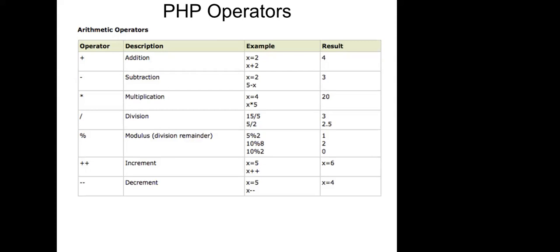And the minus sign, like in mathematics, is used for subtraction. For multiplication, a star is used, and this is the division operator. Modulus we say, or division, where we get the remainder. Plus plus is an increment and minus minus is a decrement.